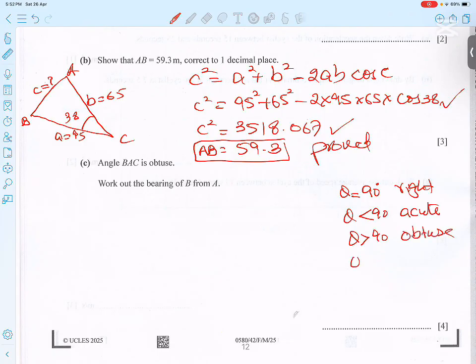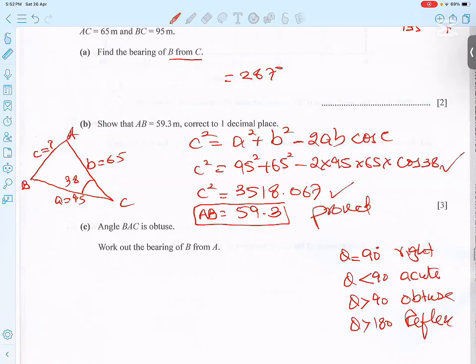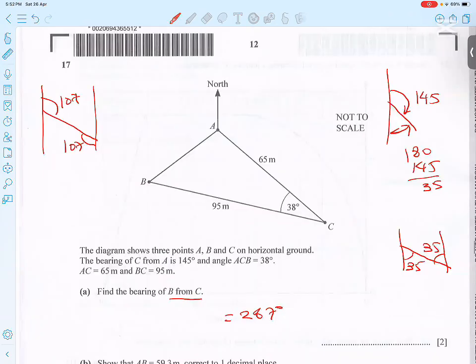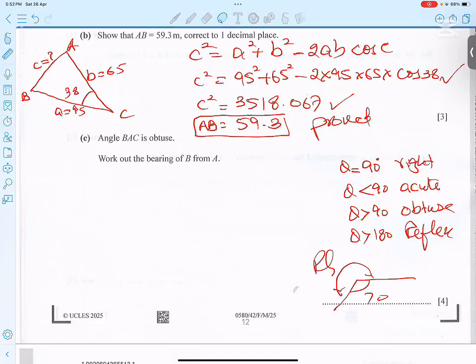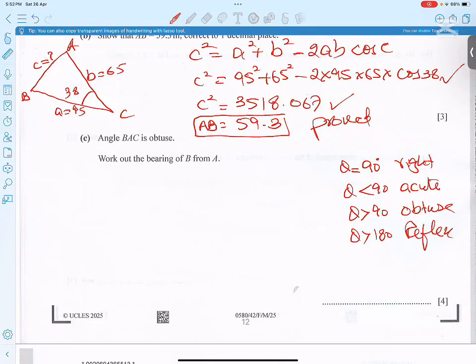And last, more than 180 is called reflex. So don't forget it, okay? So this is a reflex angle. If you don't know what a reflex angle is, for example, this is not a reflex angle, but for example this one, 670, this is called a reflex angle because it is more than 180 degrees. I believe you got it.